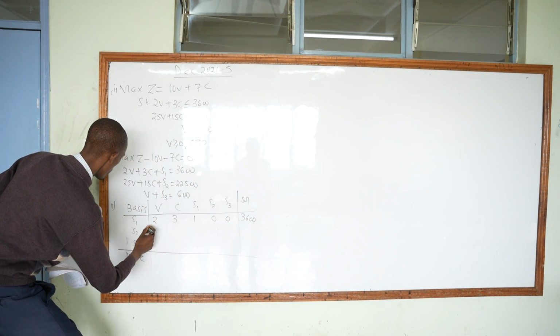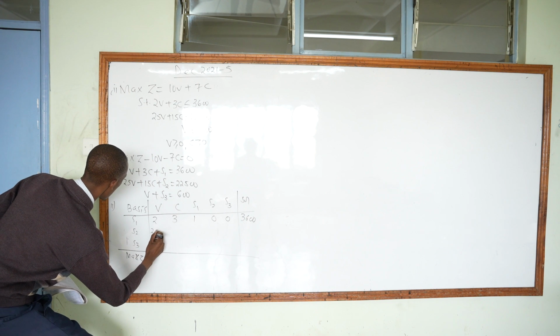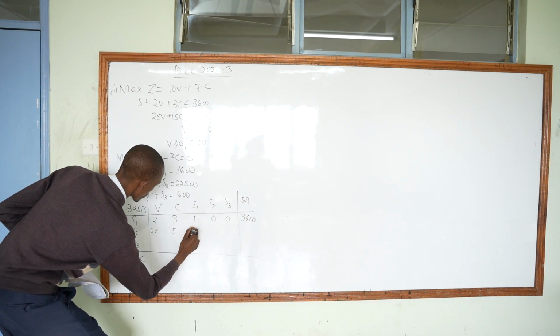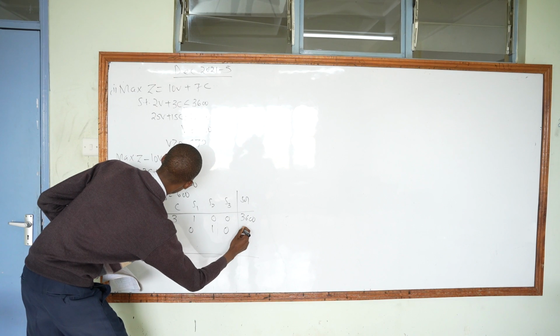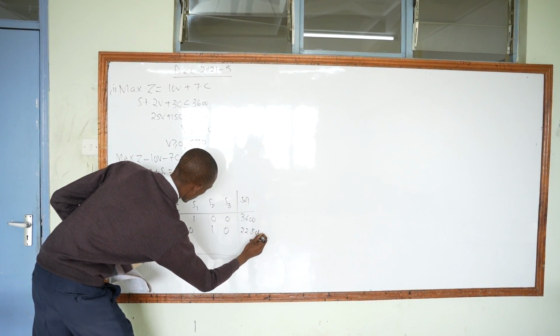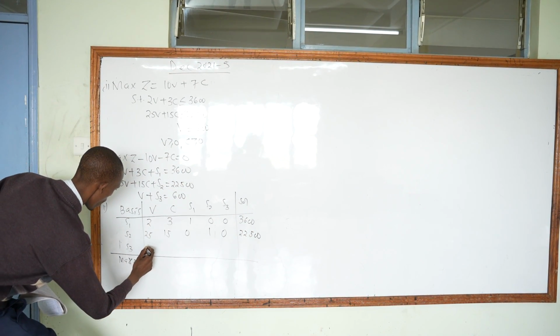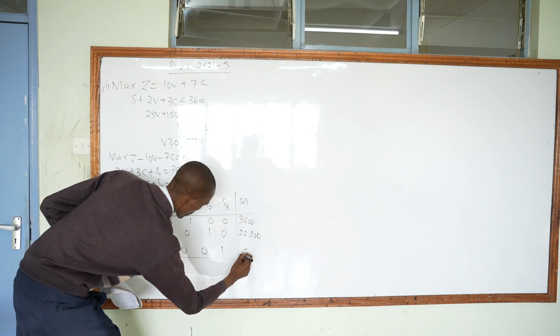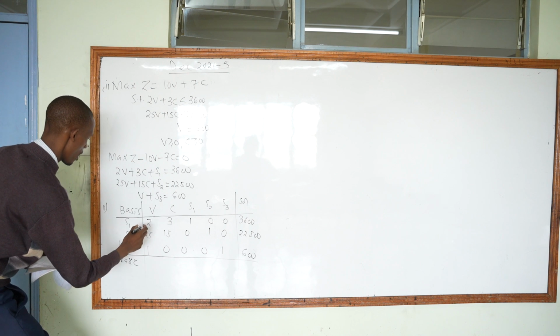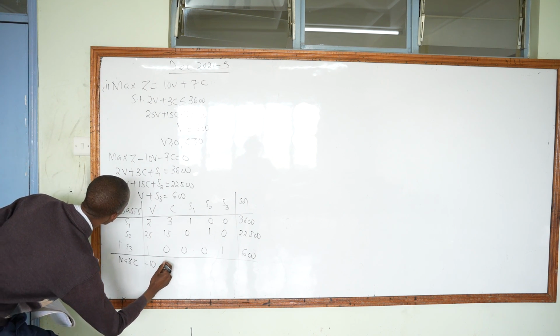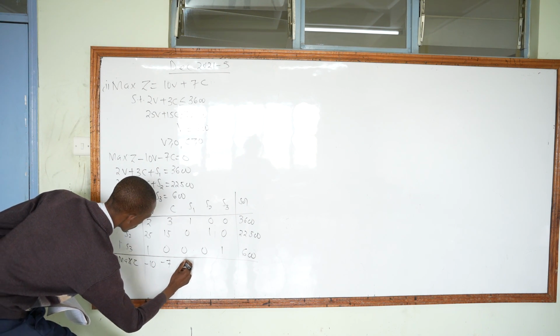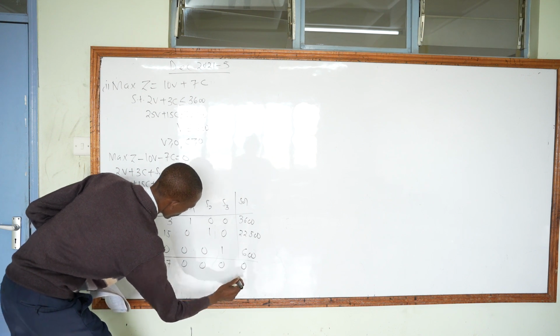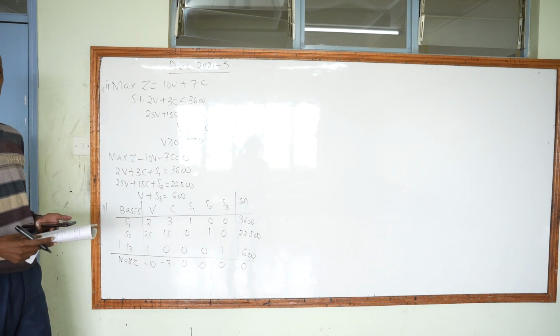The other will be 25, 15, 0, 1, 0, 22,500. Then lastly we have 1, 0, 0, 0, 1, 600. And then this one will have negative 10, negative 7, 0, 0, 0, 0. This is the initial simplex table.